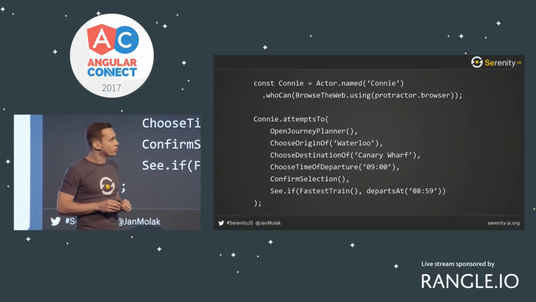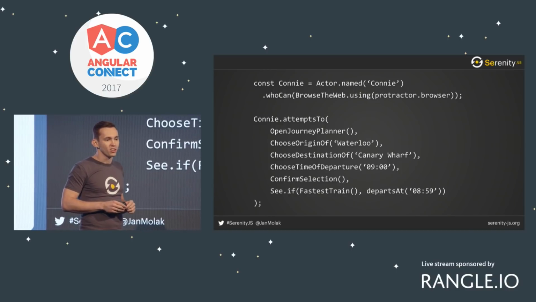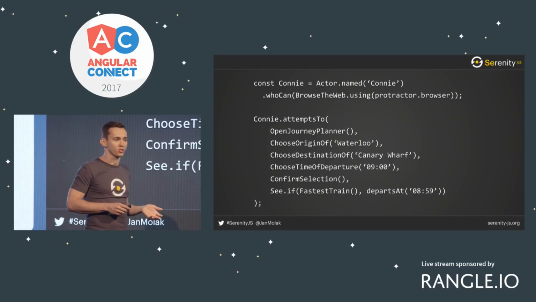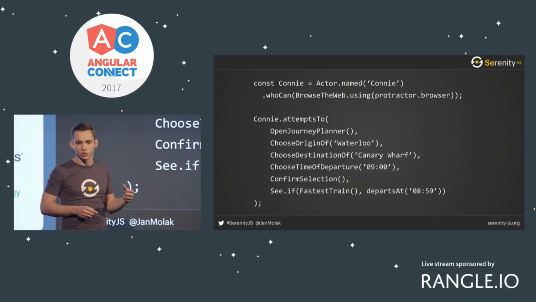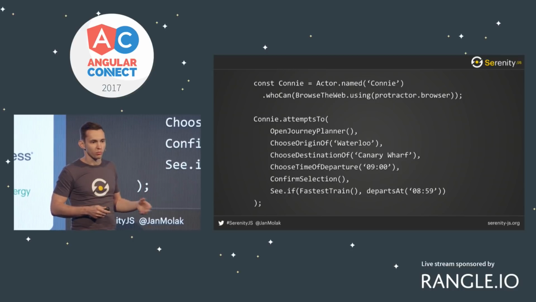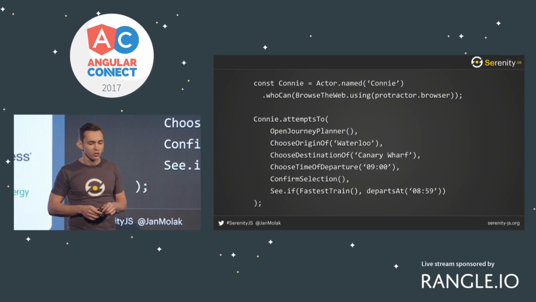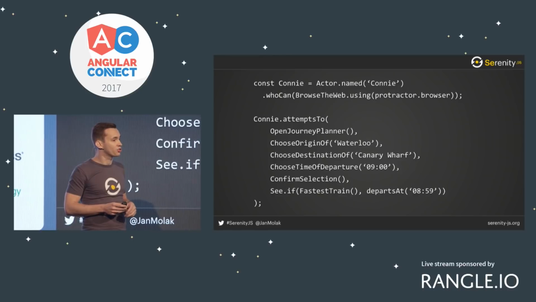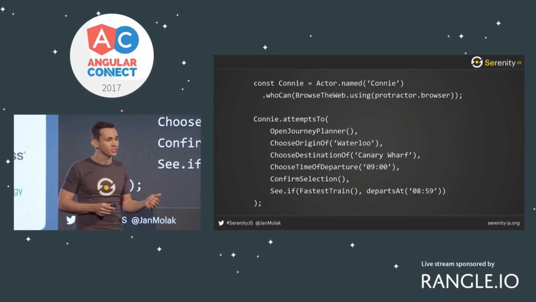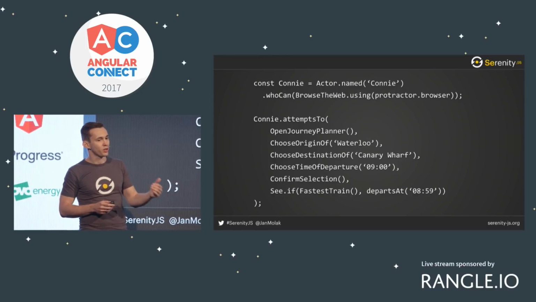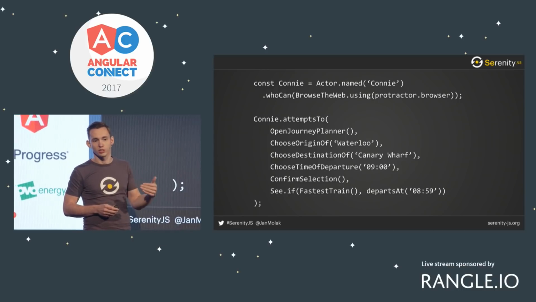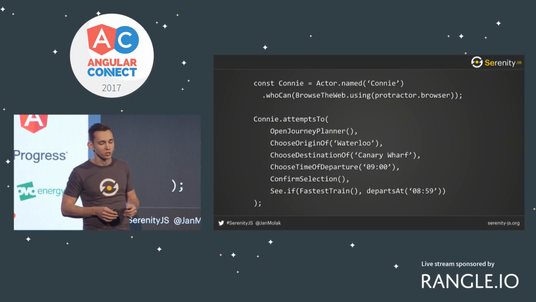Another thing is that each one of those tasks is unit testable. So if you have any more involved interactions, then you can test those tasks and make sure that they work before you share them with other teams at your company. But what it also means is that if I was to build a widget and share this widget, I can also prepare tasks for it and ship the widget together with the test tasks. So another team can use those tasks to write their end-to-end test of the entire system.